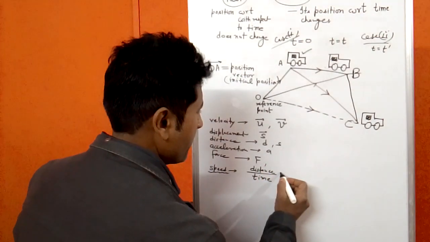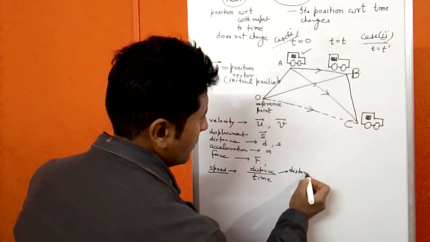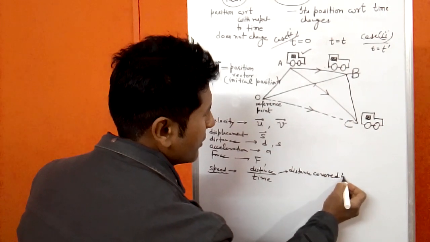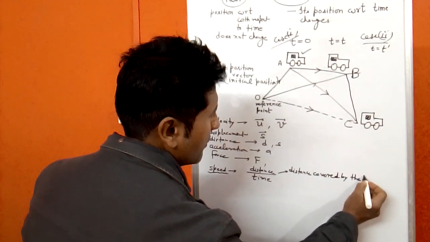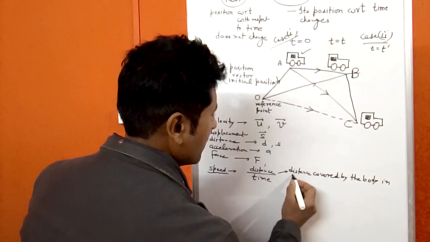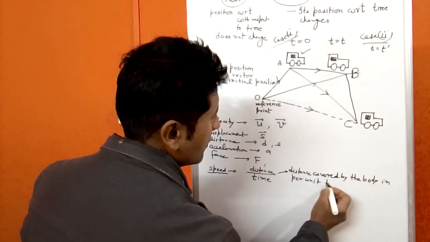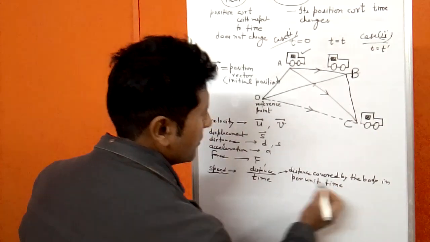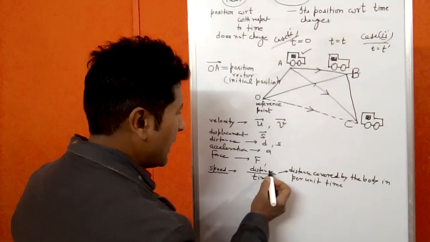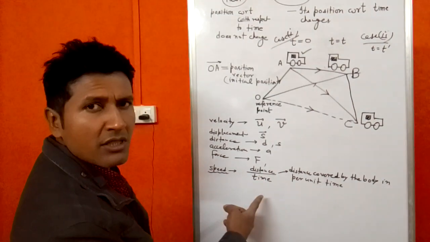It is nothing but distance covered by the body in per unit time. Yes or no? Now, what will be the unit of speed, as distance upon time is there?